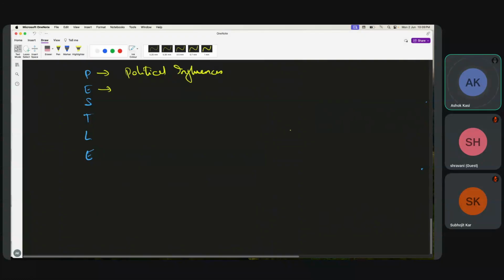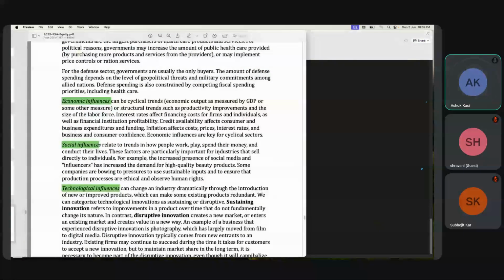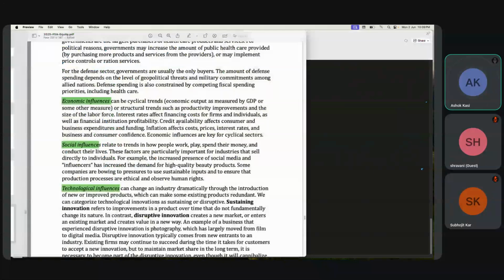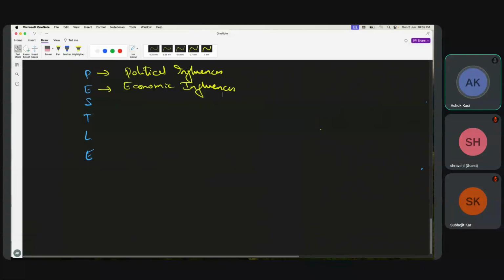So how much it is dependent on the economy. Economic influences is all about inflation, interest rates, GDP in the market. How much it will affect that company.